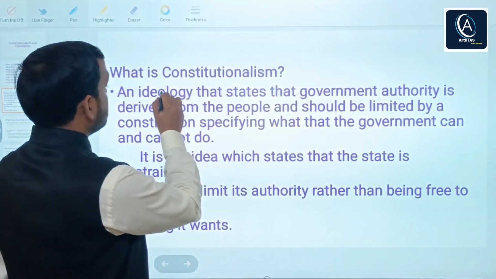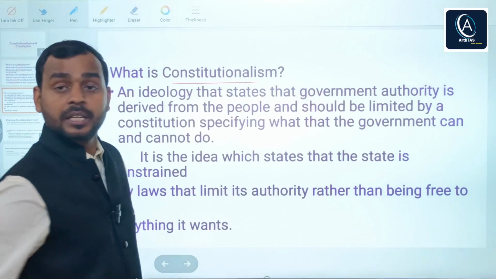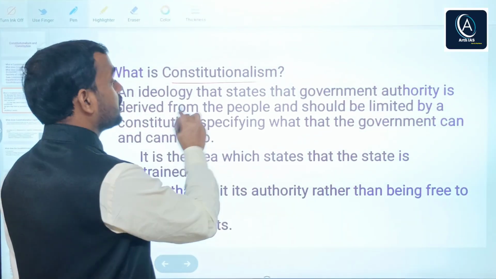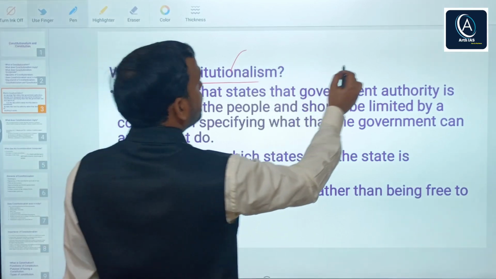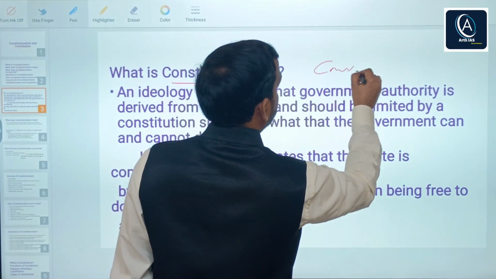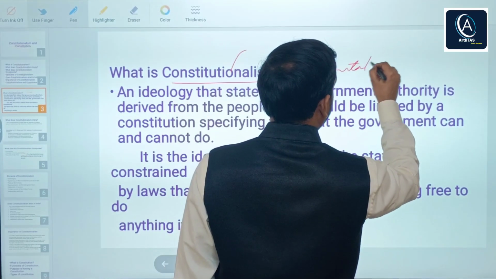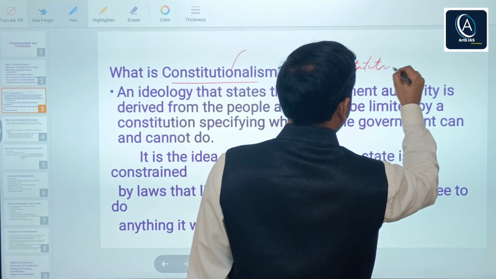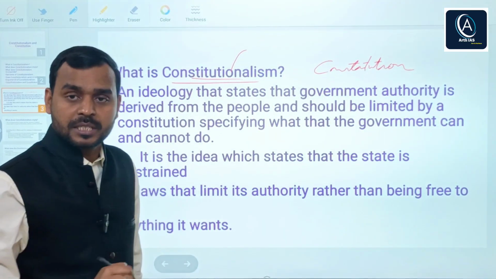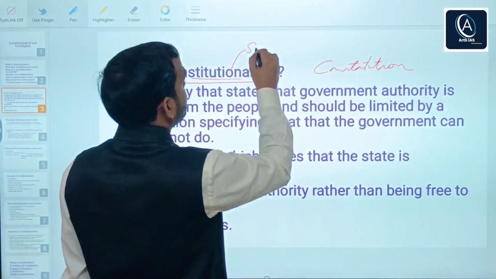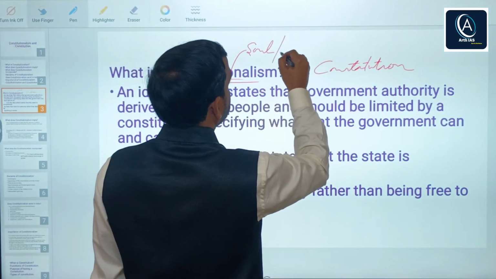So first, just see what is constitutionalism. Before directly jumping into the main definition, I would like to tell you the basic difference between constitution and constitutionalism. You can call constitutionalism the soul or spirit.